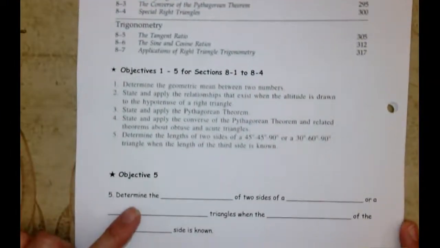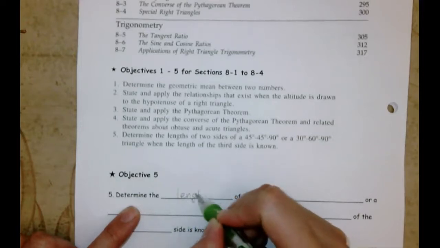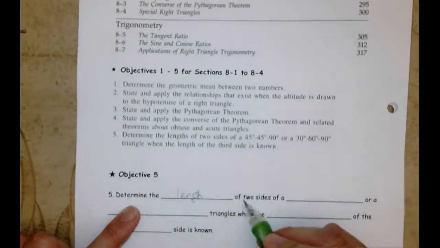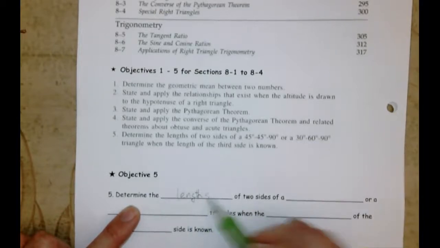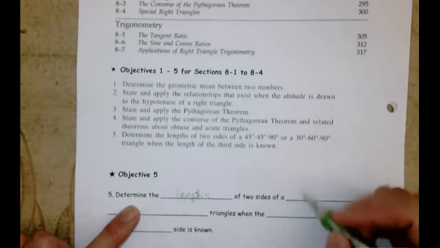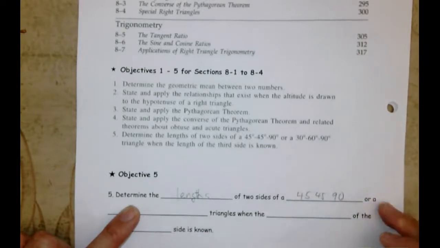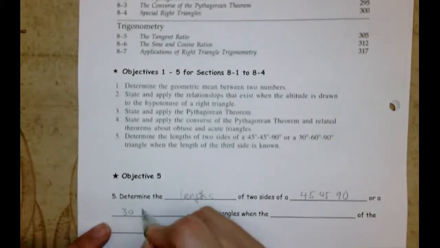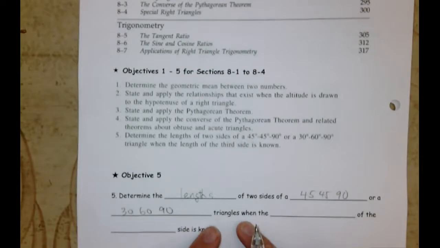Okay? So objective 5 is determine the length of two sides of a 45, 45, 90 or a 30, 60, 90 triangle.